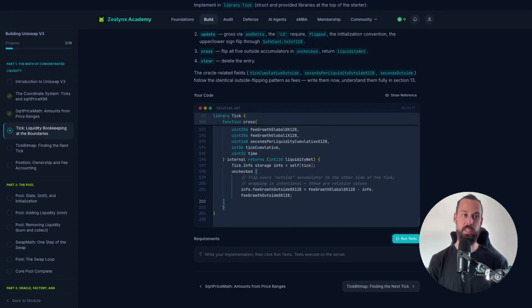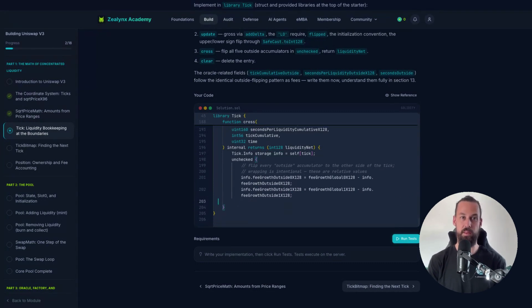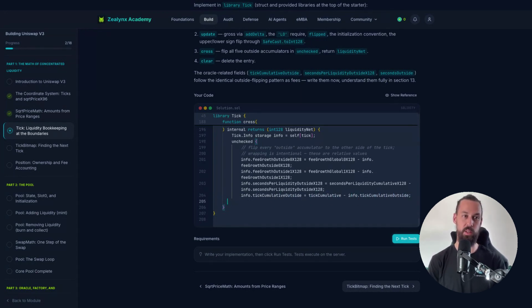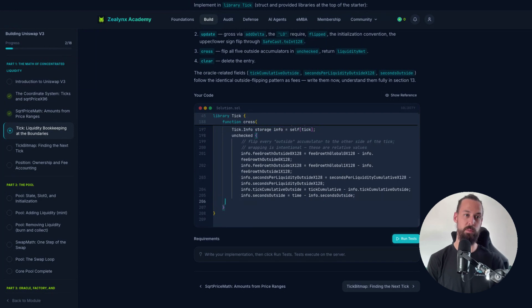You're writing those now and you'll fully understand them in section 13. But notice they follow the identical pattern. That's not a coincidence. It's the same idea applied to a different accumulator, all of it unchecked, including the timestamp math, where a uint32 subtraction wrapping is by design, and then it returns liquidity net, which is what the swap loop will apply to active liquidity as it steps across the boundary.